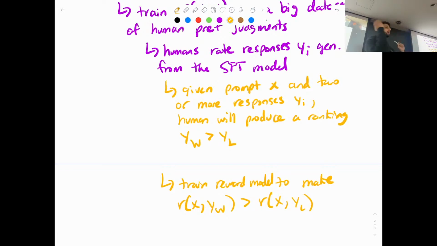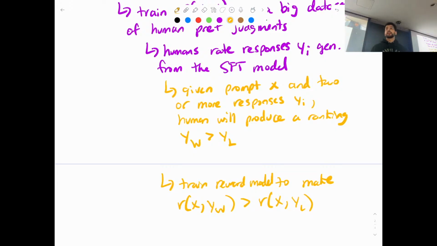A reward model will give you a single number for any prompt and response pair, and it's trained to make the score for winning outputs higher than losing ones. If you gather enough of these judgments on as many different tasks as possible, you would hope that your reward model can generalize to a huge range of tasks, so it's able to produce reasonable scores on many different tasks, and we can use it to do general purpose improvement of our model.